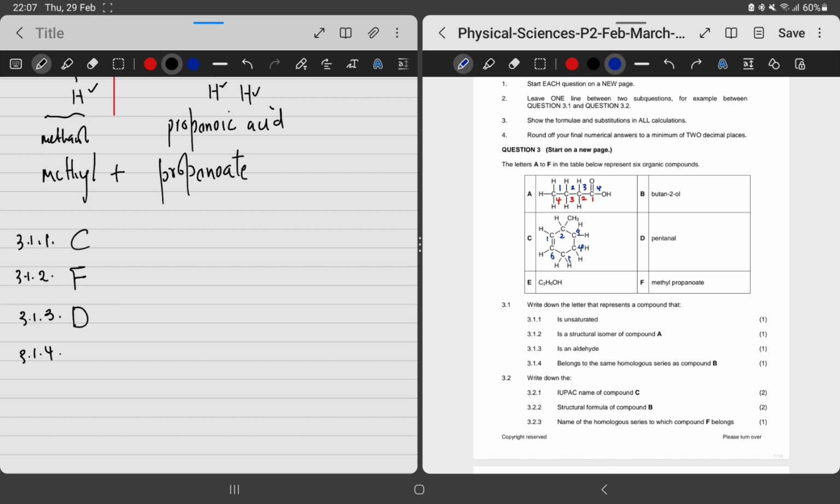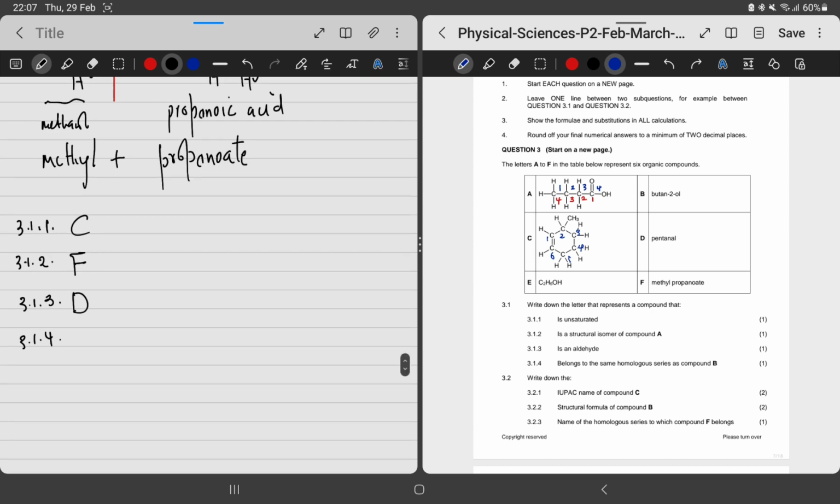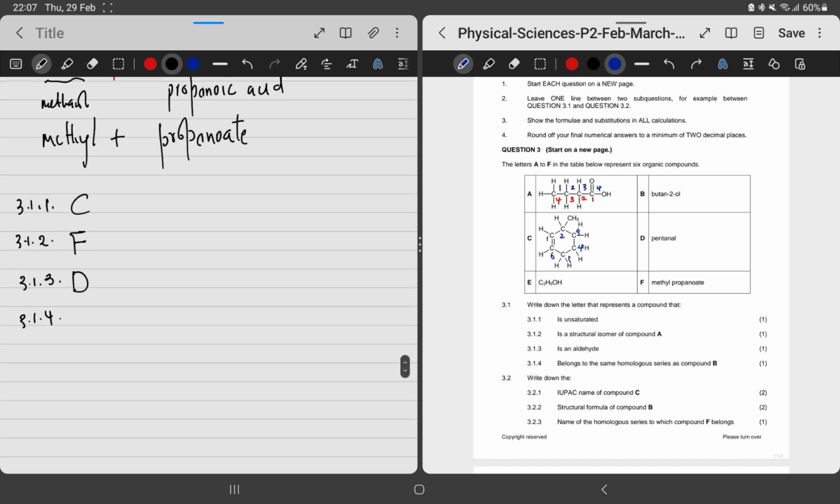So B and E will have the same general formula because they both belong to what? To alcohols. So the answer there should be E.